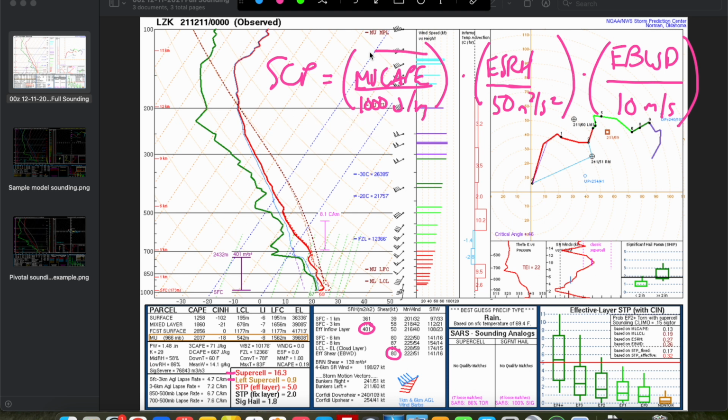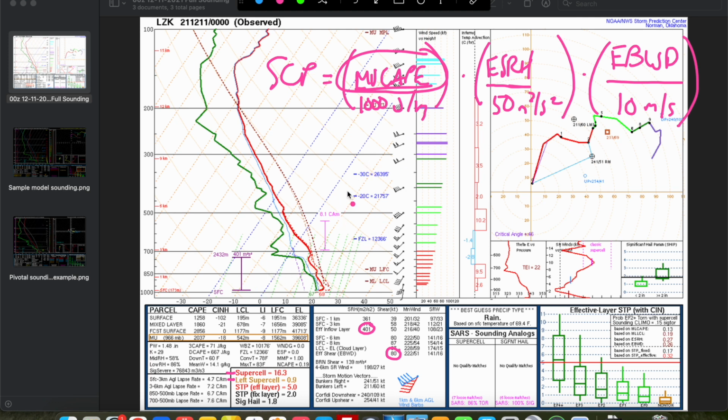You can see we're using most unstable CAPE. We're not using mixed layer CAPE. So most unstable CAPE often involves elevated storms. So this doesn't tell us if storms are going to be surface-based or elevated. It only tells us if storms have a higher chance of rotating, in other words, becoming supercells in a given environment.